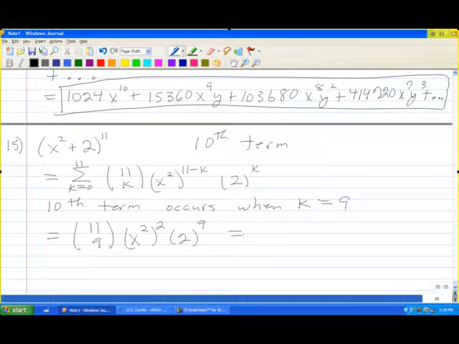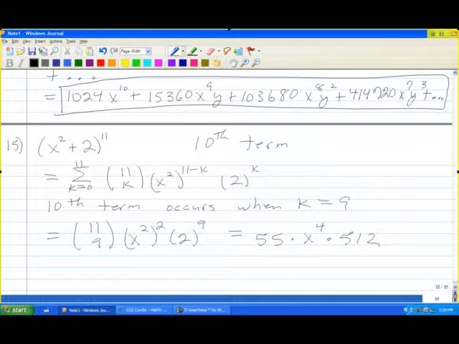So let's calculate 11C9, which I think is 55. x squared squared is x to the 4th. 2 to the 9th should be, what, 512?